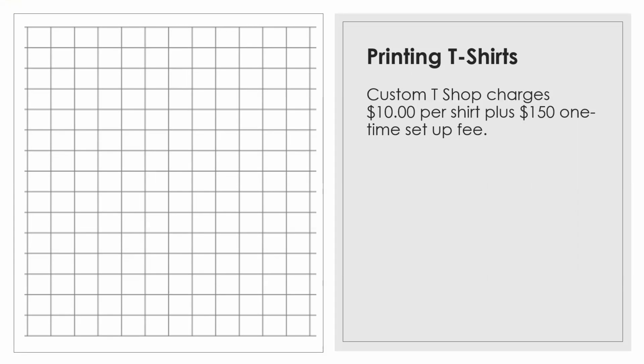Now, let's say this $150. What does that mean? One-time setup fee. Well, it means that even if I don't print a shirt at all, before I even start thinking about printing a shirt, I need to pay $150 for them to set up the plates. Okay, so that gives you a dot right there. Zero shirts, 150 bucks right away.